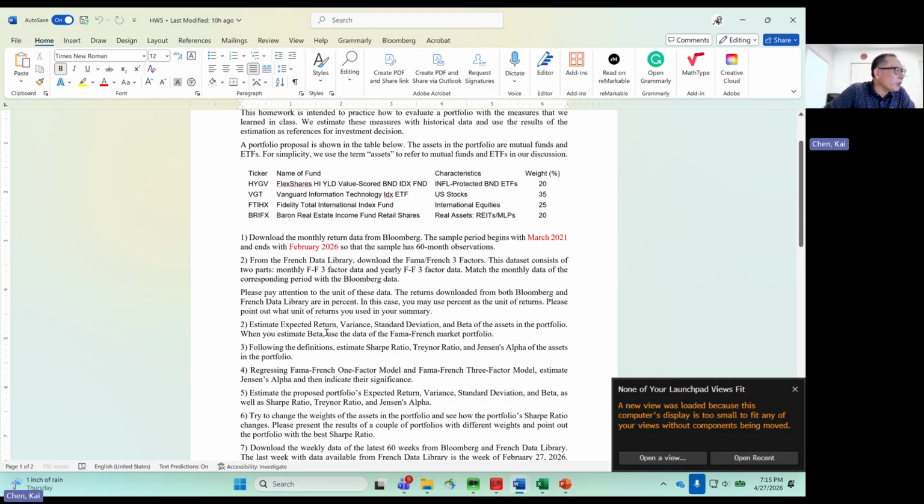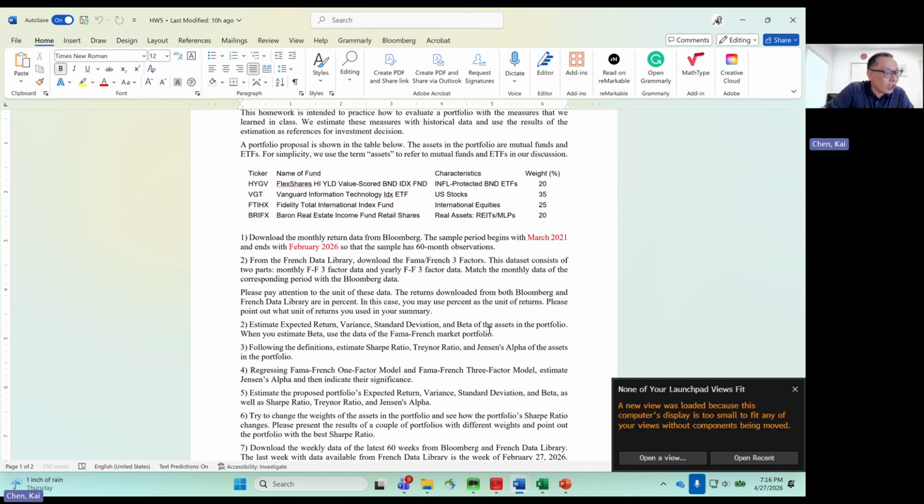Estimate expected return, variance, standard deviation, and the beta of assets in the portfolio. When you estimate the beta, use the data of the Fama French market portfolio. Here, we're going to use the Fama French market portfolio as a proxy for the market portfolio, because the Fama French market portfolio is the most comprehensive market proxy.